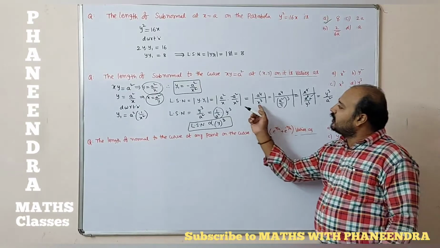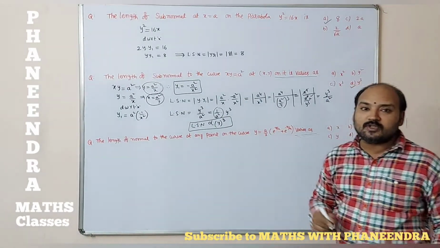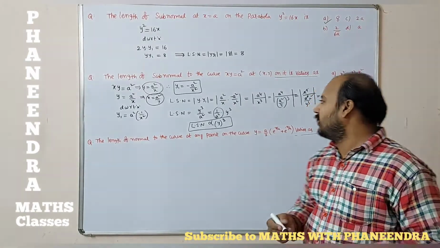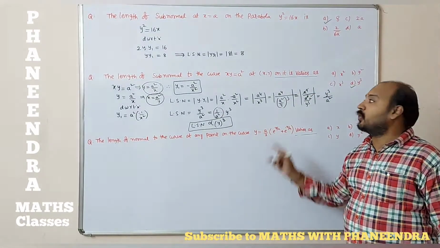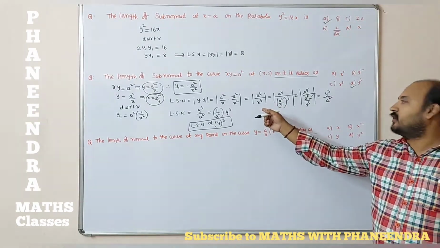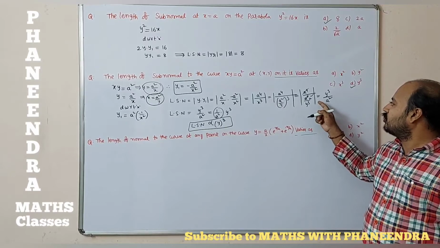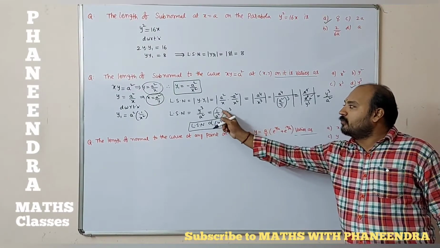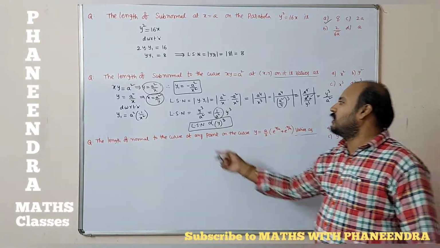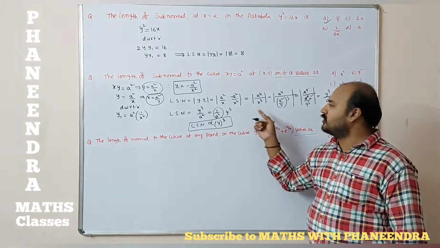Here, if you remove a power 4, y is 1 by x power 3. 1 by x power 3 means it is a reciprocal. It is not proportionality, it is not varies. Reciprocal it will be. That is the reason we are not taking that. So 1 by a square, wherever the constant is available, you can remove. If you remove this constant, the length of subnormal varies as the cube of the y coordinate according to this question.